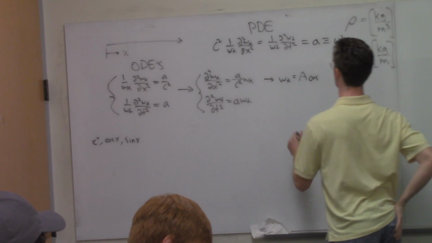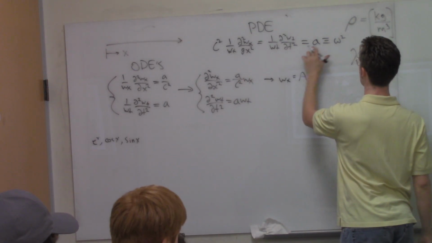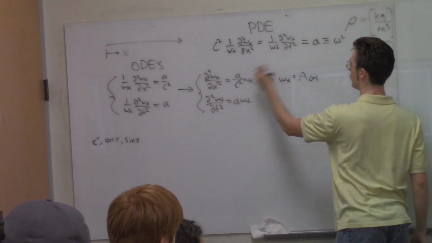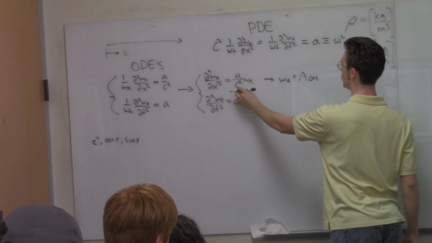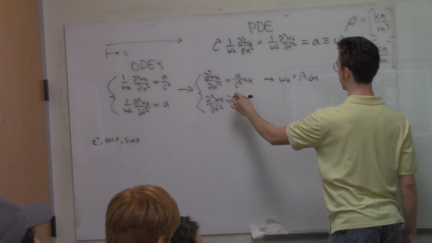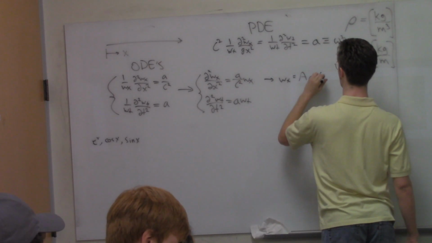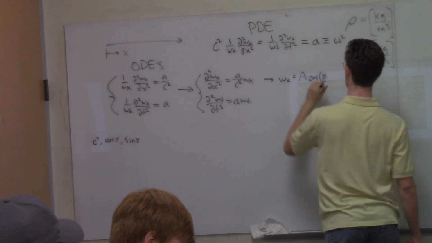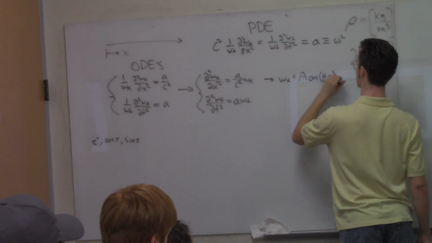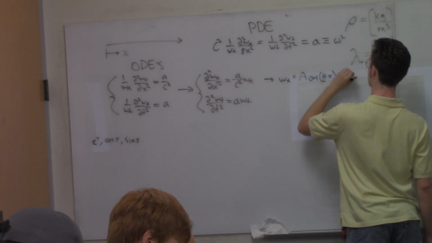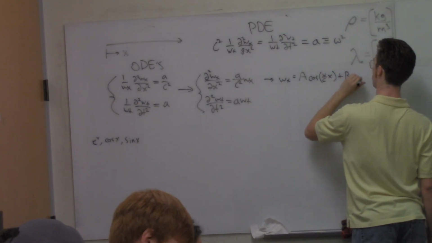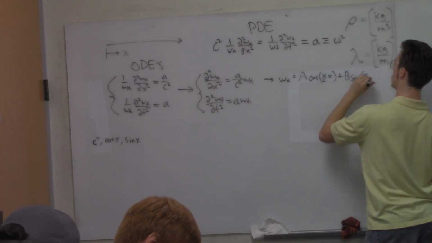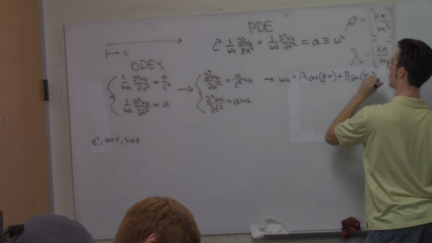Since we declared that a is equal to omega squared, and this is omega squared over c squared, it's the square root of this term that goes inside the cosine. Therefore, we're going to have omega divided by c times x plus b sine omega over c times x.